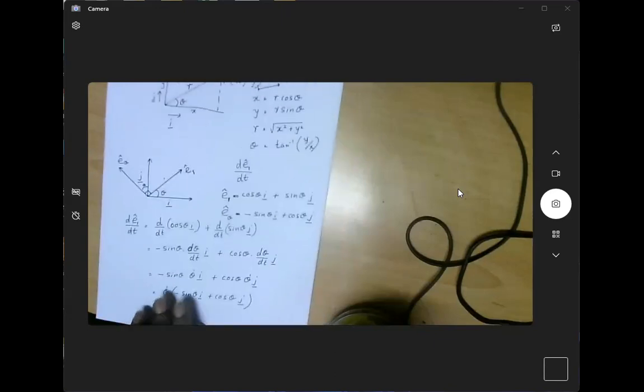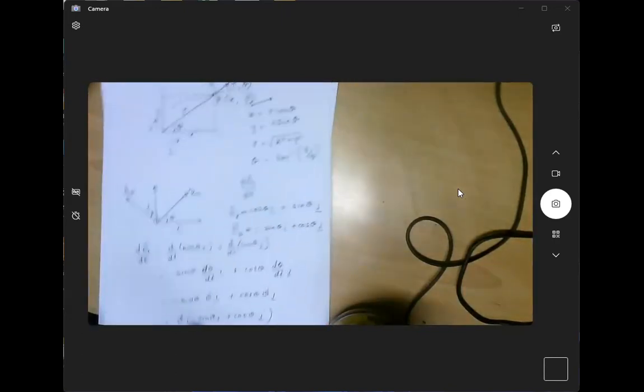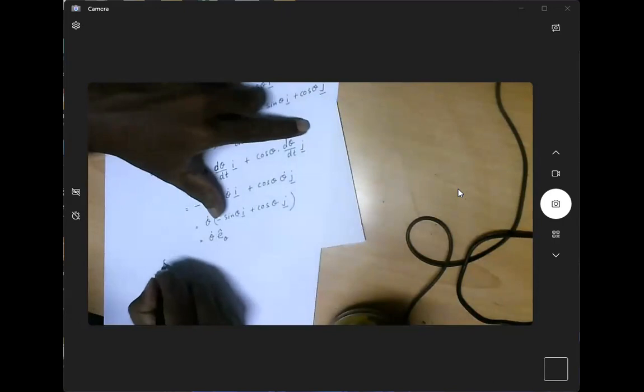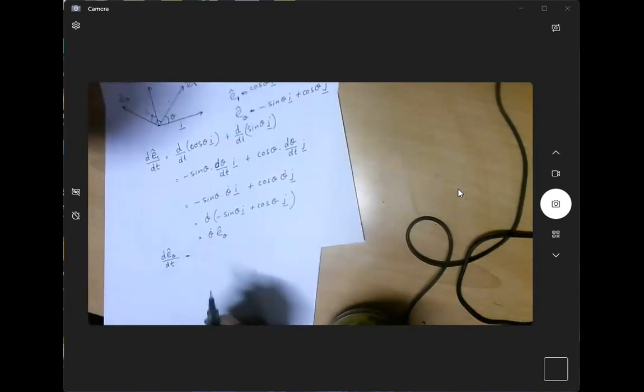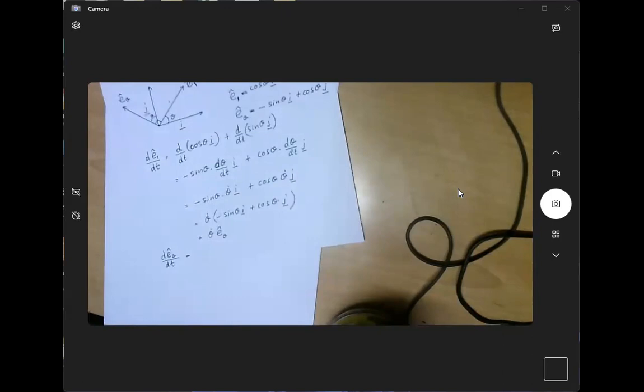No? Okay, then your task is to find d e_theta over dt, and tell me what the answer is.